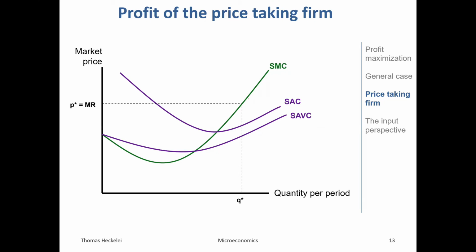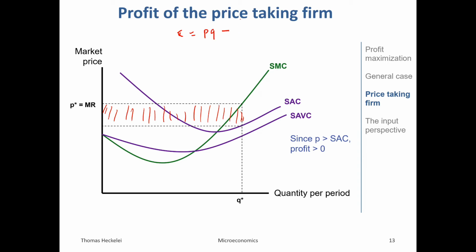So if that's the case, what is the profit of the price taking firm? The profit will be the difference between the price, the market price, and the short-run average cost. Why? We could write it down as profit equals P times Q, right, minus short-run cost.